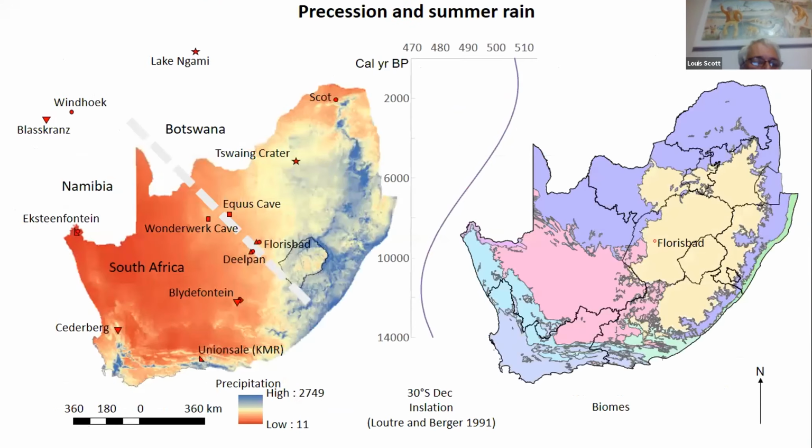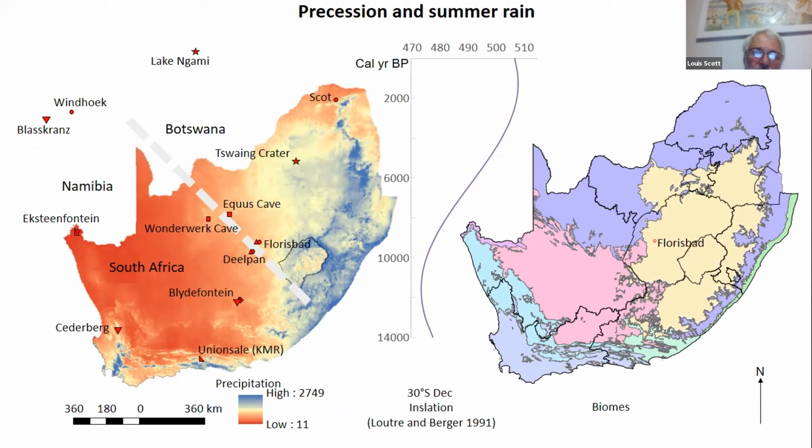Normally when you look at the weather forecasts in South Africa on TV, when the summer rains are falling, you see a diagonal cloud band, and that band is probably something that shifted as the precessional process continued.